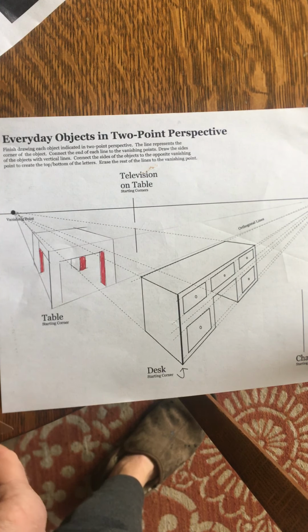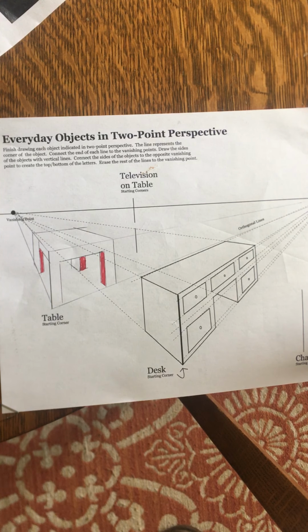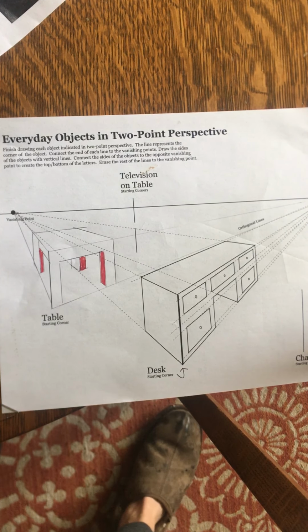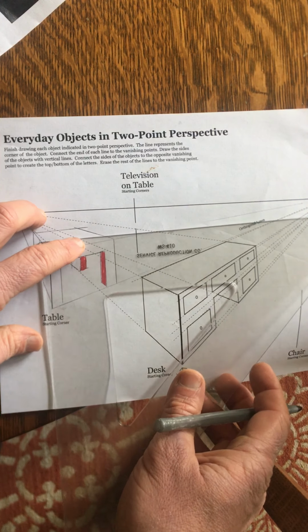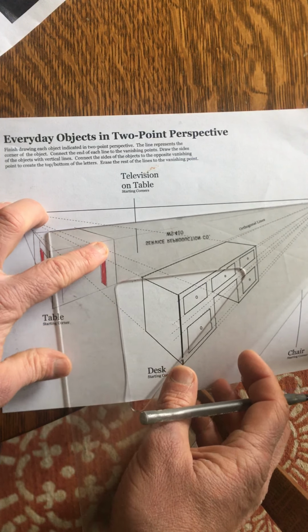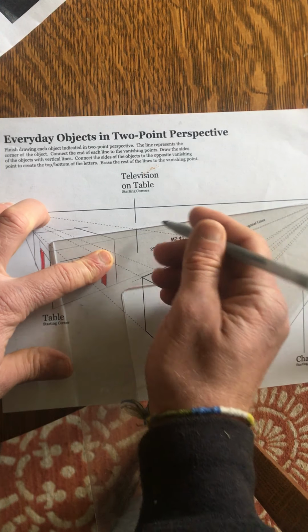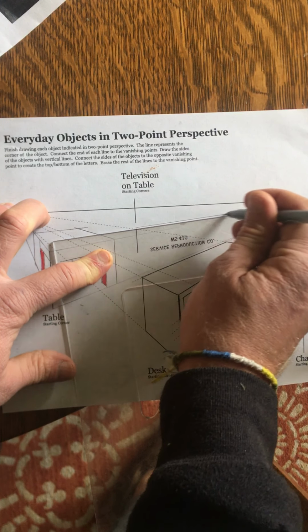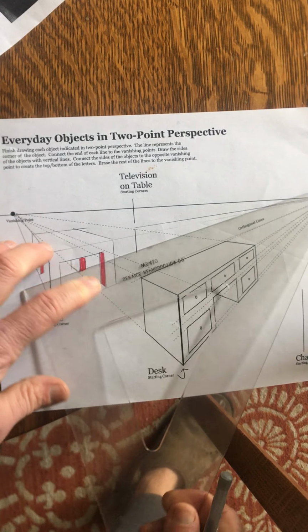Alright, let's now do this one with the TV, okay, on the table there. So the bottom part, if you didn't notice it, is supposed to be the one side of the table there. So line that back up with the vanishing point.